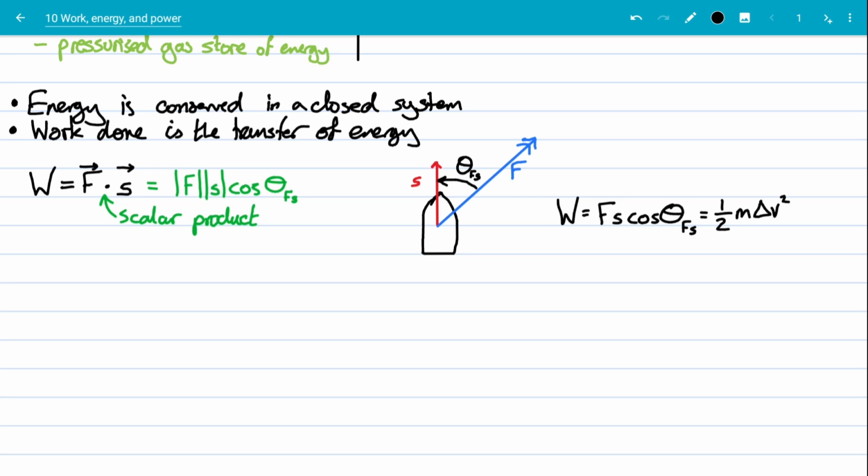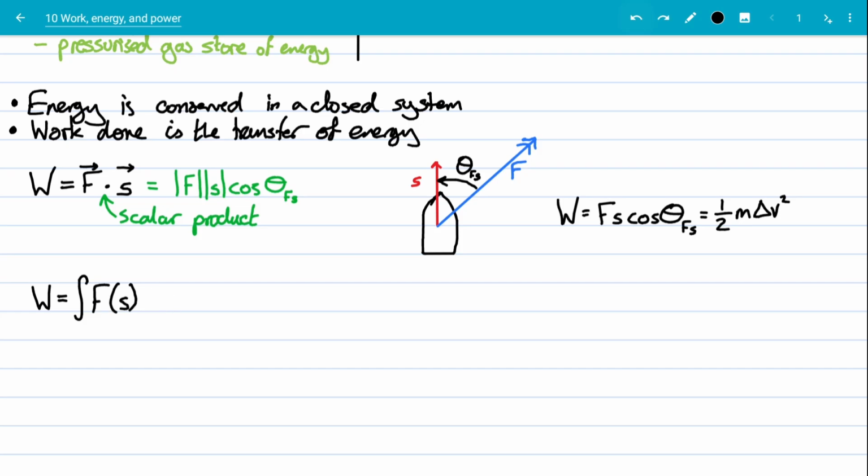The next thing I'm going to say is this equation only works if our force is constant. If the force depends on where the boat is, so the force is a variable force, then actually we could say that the work done is equal to the integral of the force as a function of the displacement multiplied by ds.